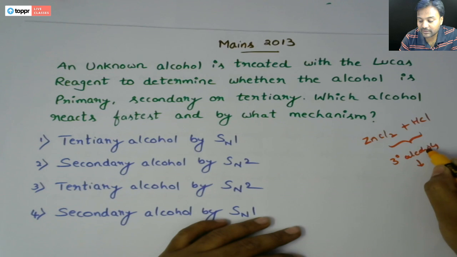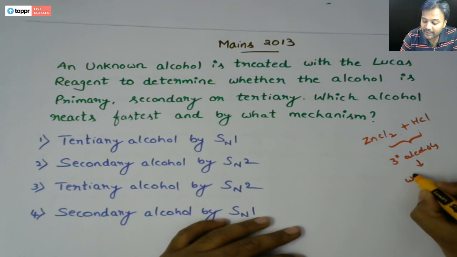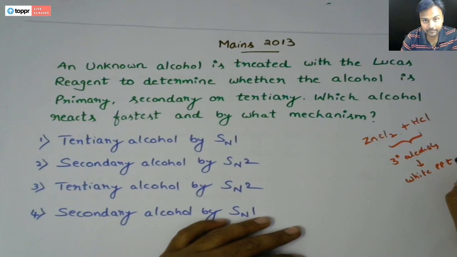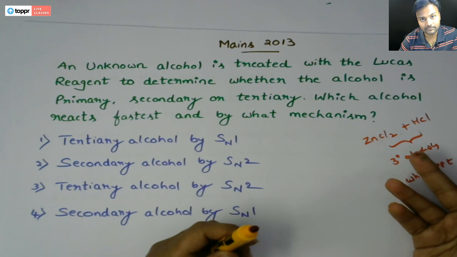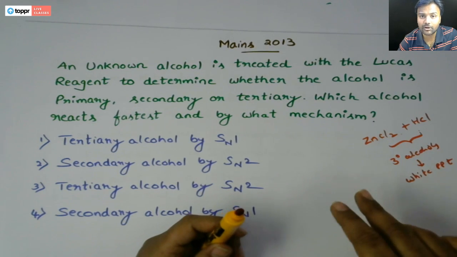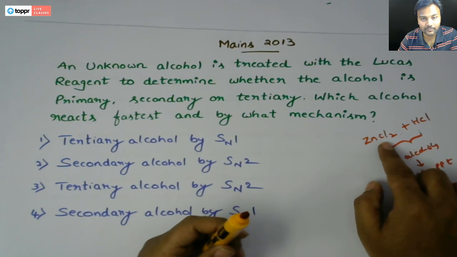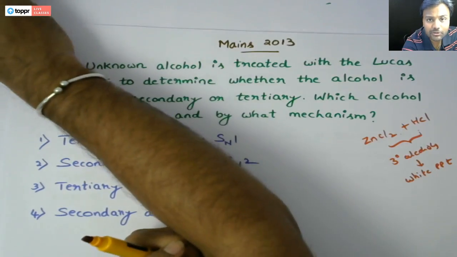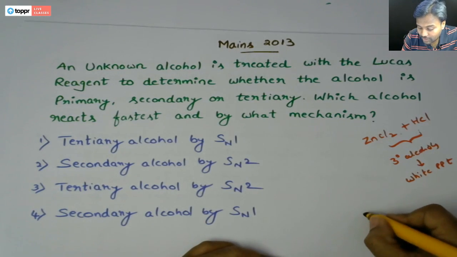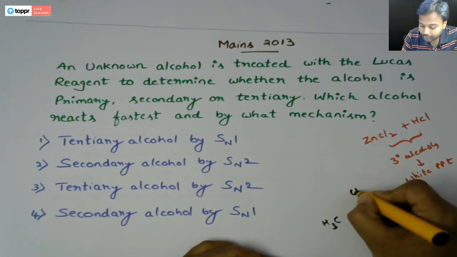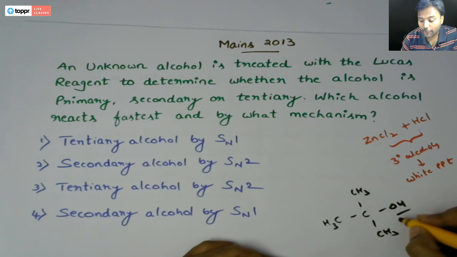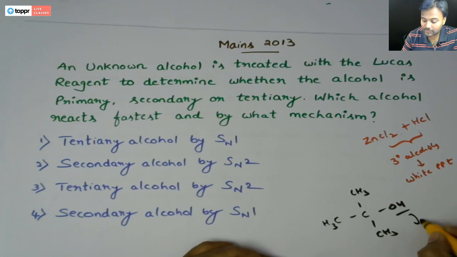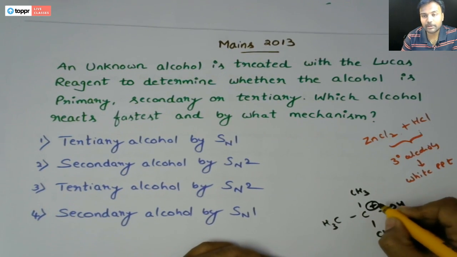When tertiary alcohols are treated with zinc chloride and HCl, immediately they form a white precipitate, white turbidity we say. Whereas secondary alcohols form white turbidity after 10 minutes, and primary alcohols do not react at all with this reagent. What is a tertiary alcohol? CH3, OH. Now, by which mechanism do tertiary alcohols react? Tertiary alcohols should form a tertiary carbocation.